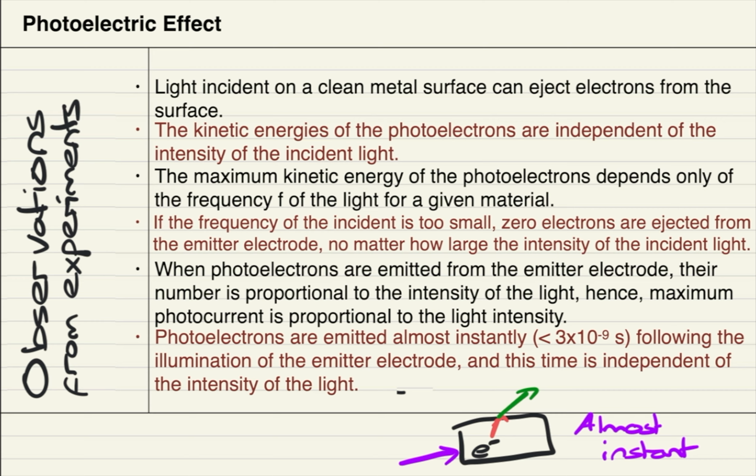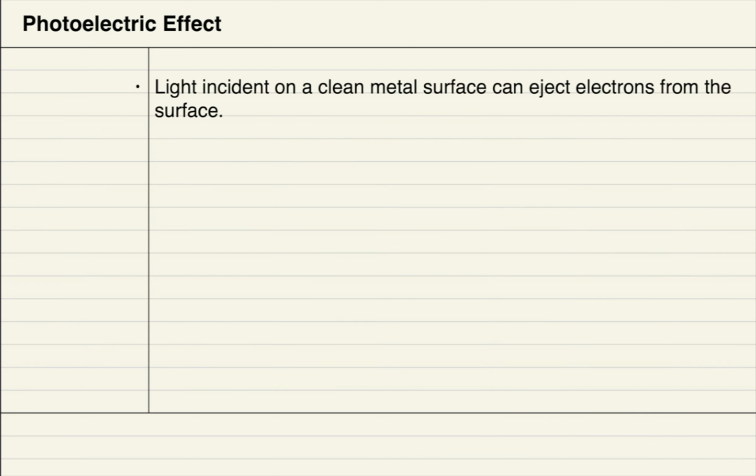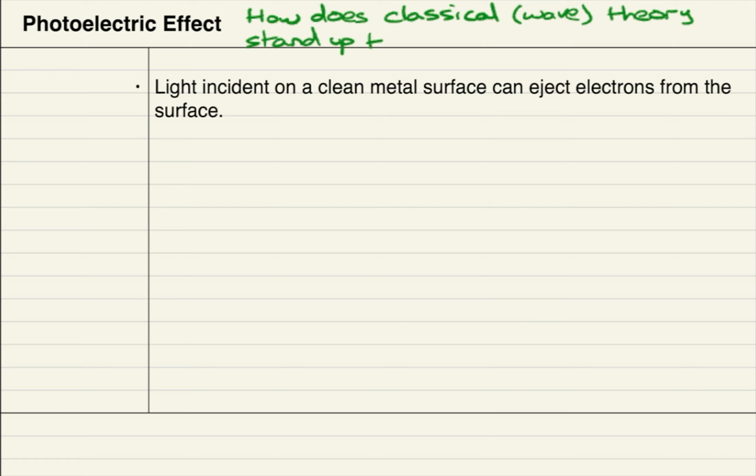I'm going to go back through these and see how classical theories stand up. Today I'm looking at how wave theory stands up to these observations, but back then there was no particle theory, no wave theory. There was just theory, a single classical theory that was about to fail.